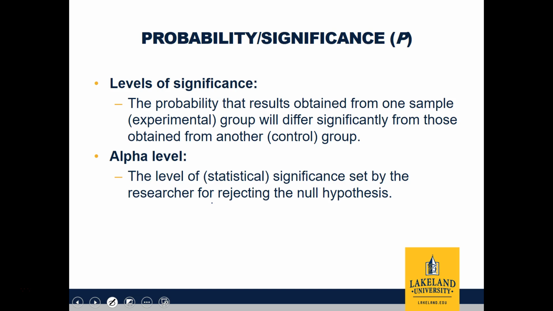When we do our study, we have a hypothesis that says we think we're going to find this. Say the hypothesis for this class is that the more hours you studied, the better you do on your post test.